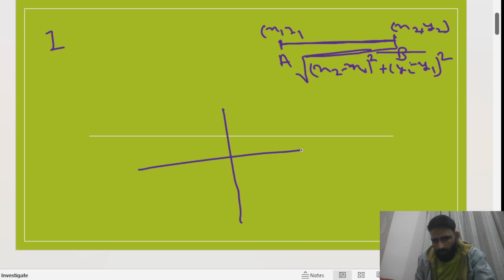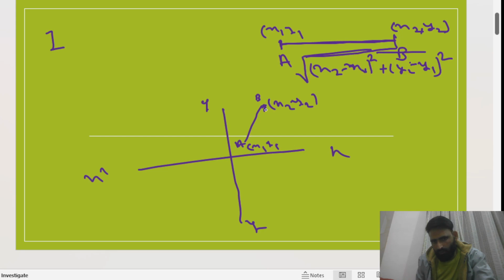Suppose this is the axes, the x-axis, x dash, y and y dash. Suppose this is the line AB, and this point's coordinates are x1, y1, and this point x2, y2. So we create a triangle on the line AB with the two points A and B. So what is the distance between A and B?